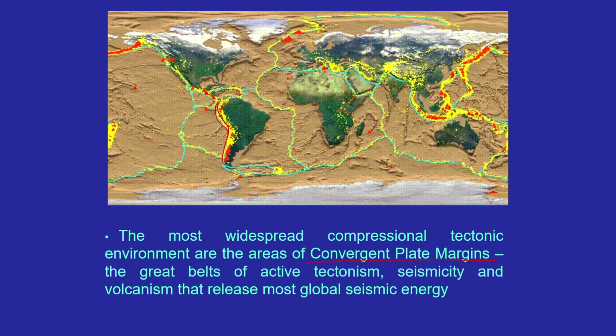Okay, and of course we have the collision zone also. So these are all subduction zones, and this part we have already discussed in the plate tectonics part. Okay, so these all come under the compressional tectonic environment.